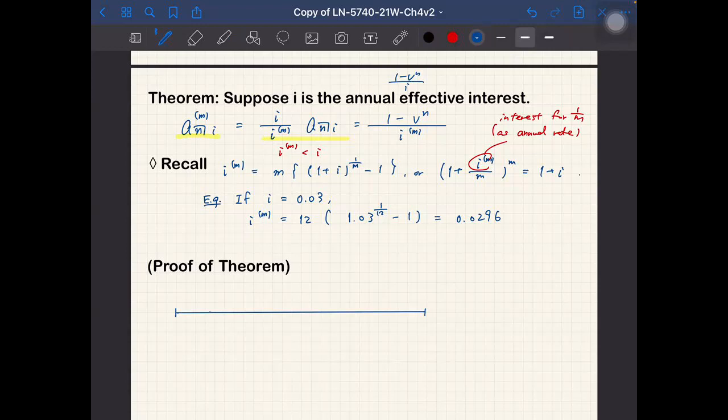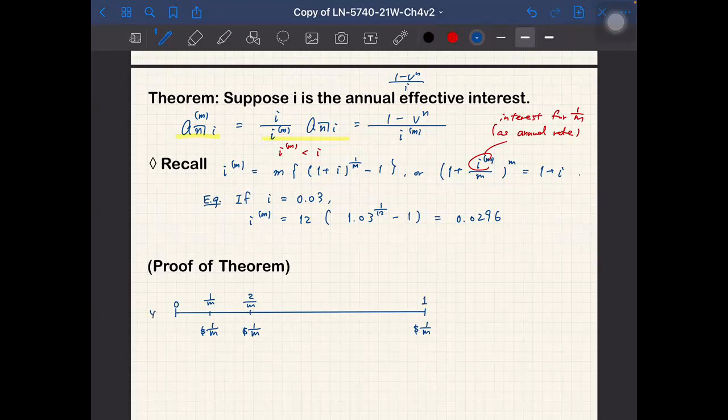Our time unit is a year, but the payment is more frequent, so that is a problem. So we consider an annual payment which is equivalent to these m payments per year.